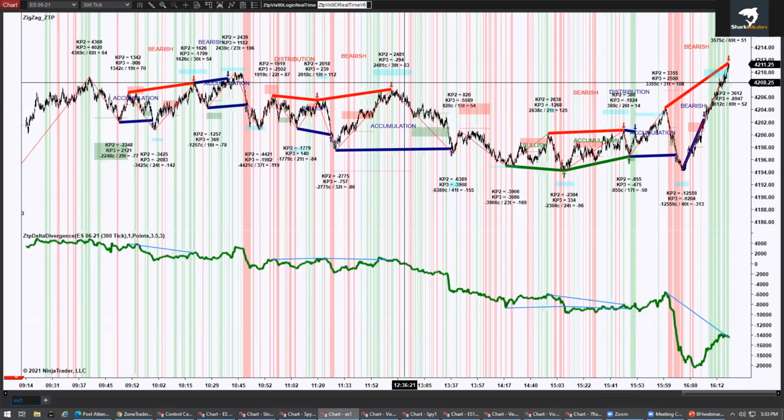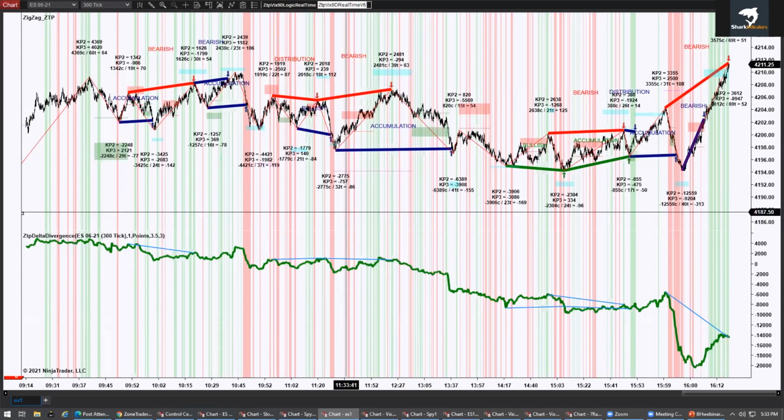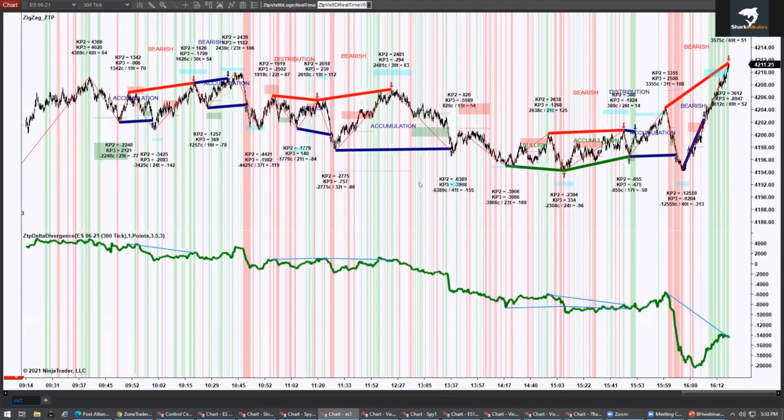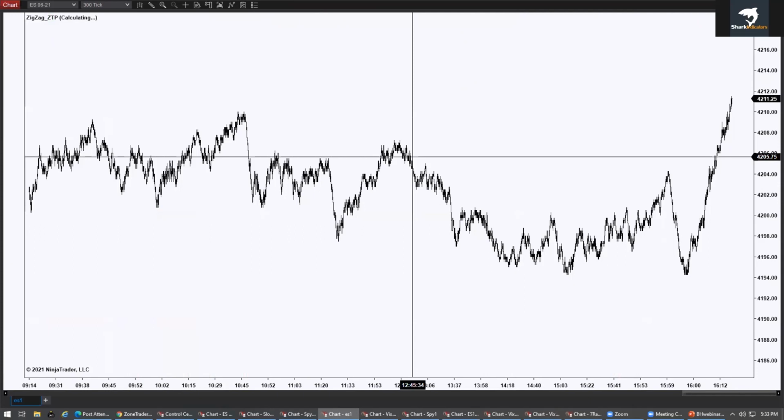What is just really interesting is, unfortunately, I turned it off for the presentation, but let's see if this can fill fairly quickly. One of the interesting things about this KP2 ratio is you can see limit order support either developing or going away. And when I say support, I also mean resistance. And that is the huge advantage to this ratio.